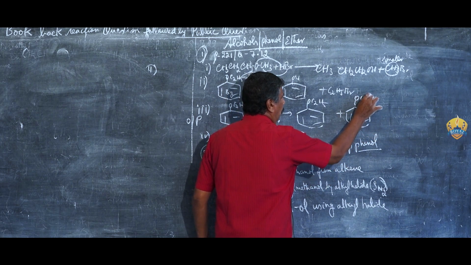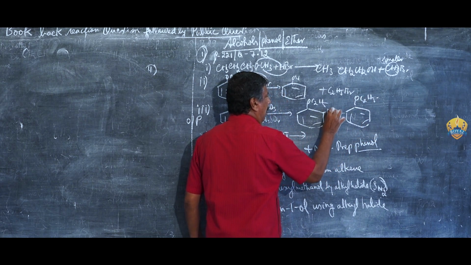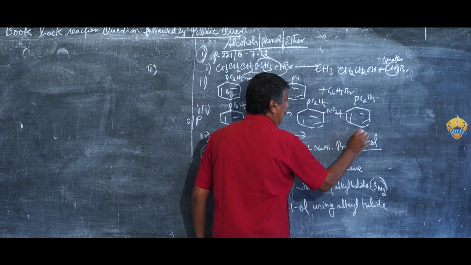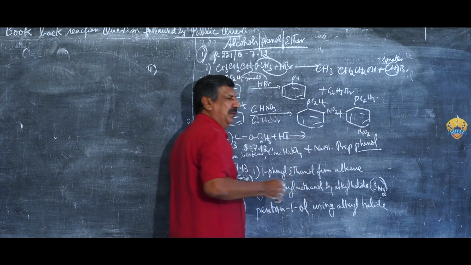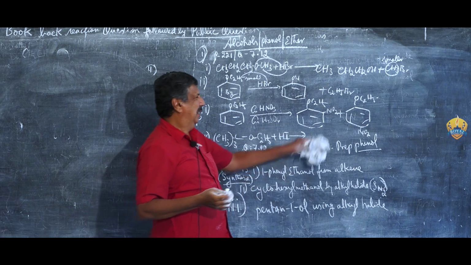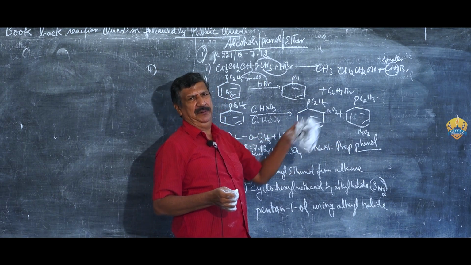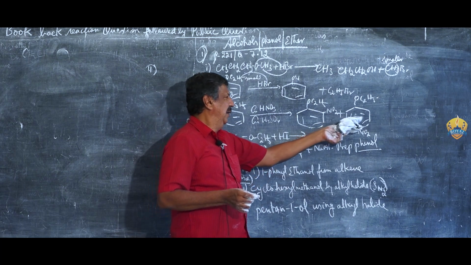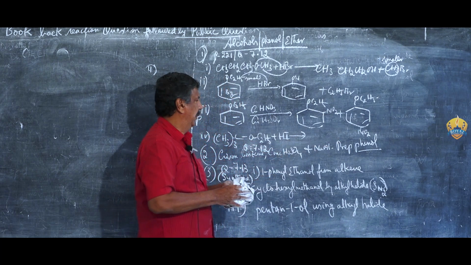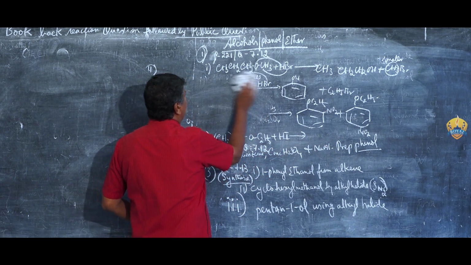I am writing two products, one for ortho, other for para. The names are very simple. Ortho-nitroanisole, para-nitroanisole, but this is the major product and this is the major product. Okay. Next one.